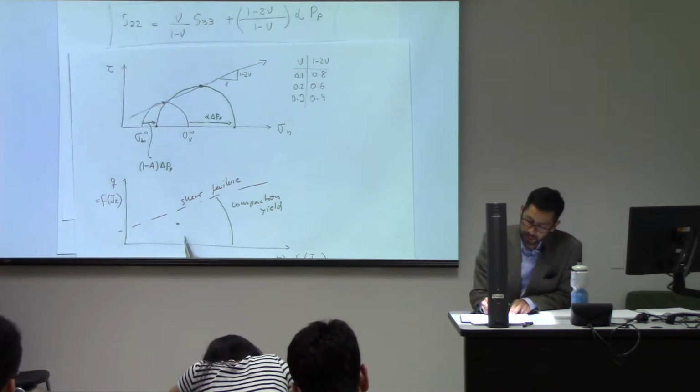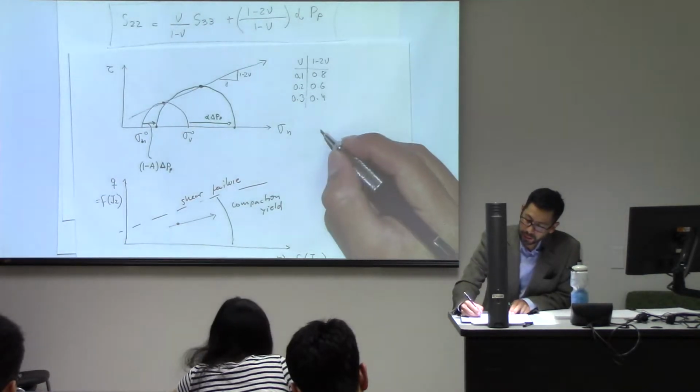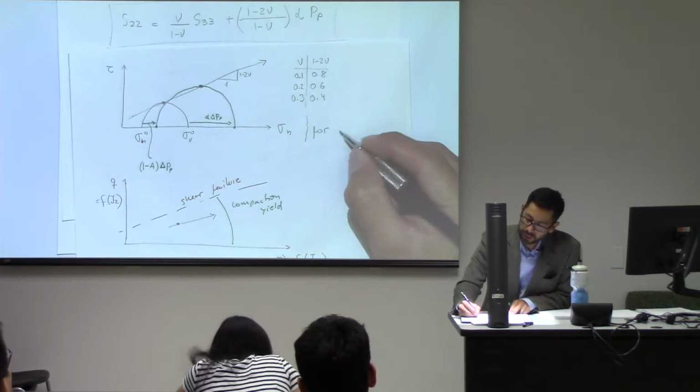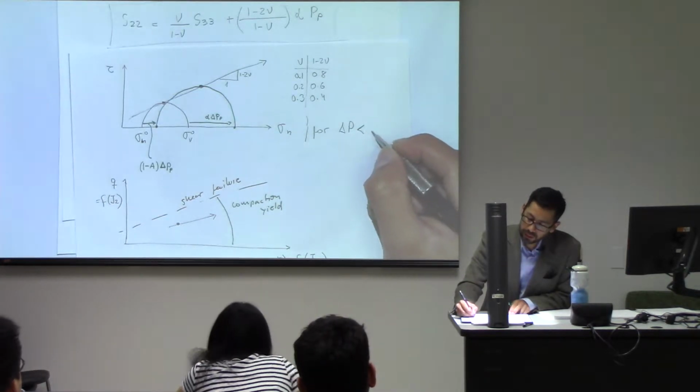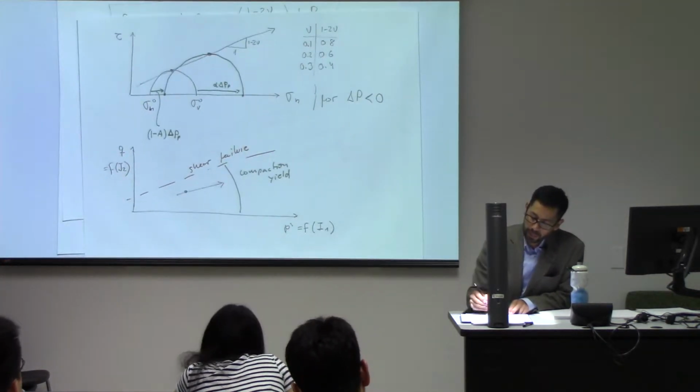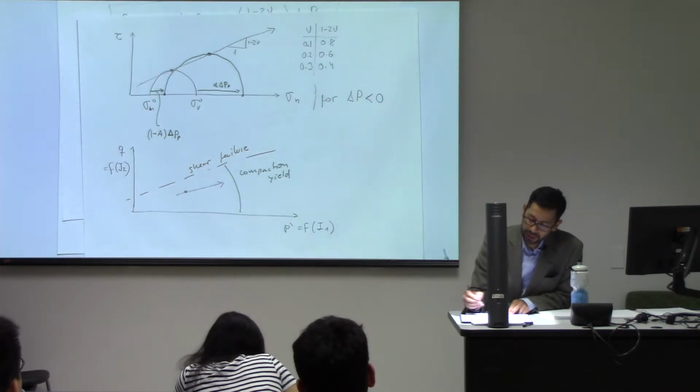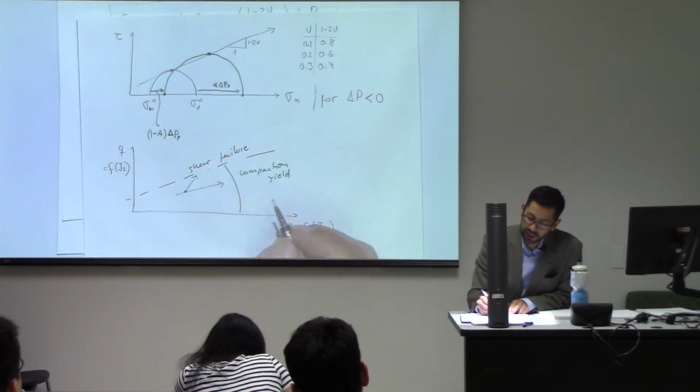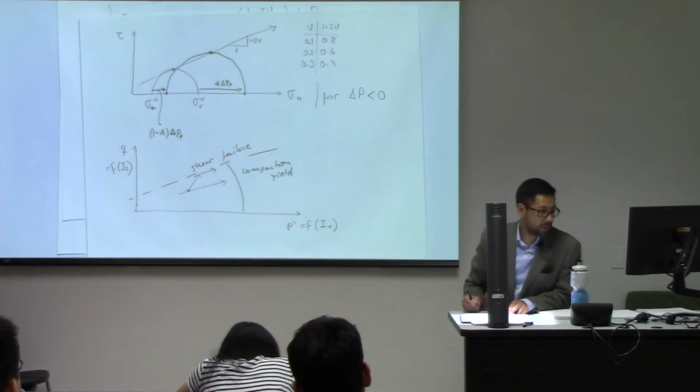And the stress path with depletion, this is for delta P less than 0. It may go into the compaction yield, or it may go into shear failure and continue in that direction.